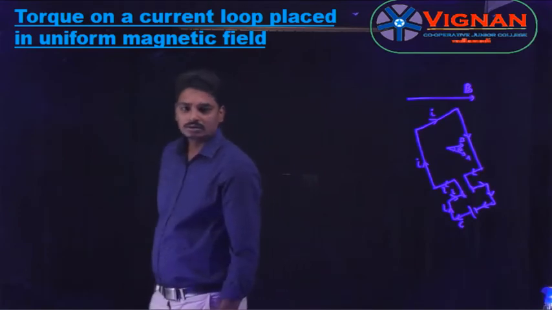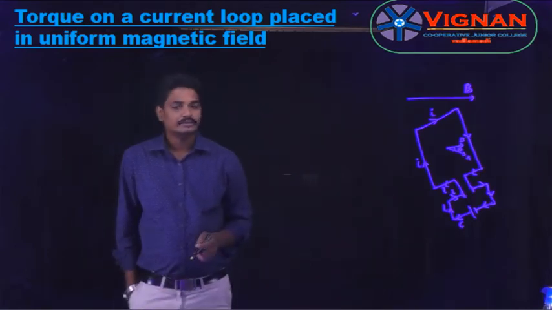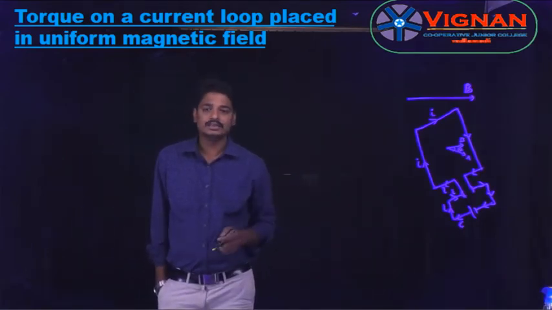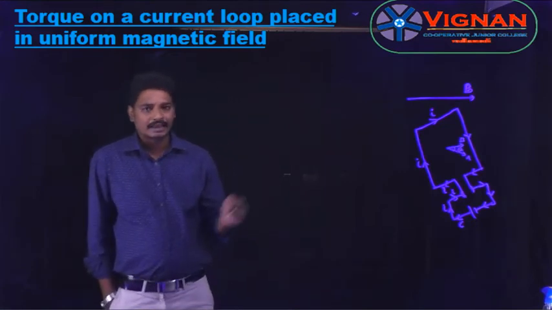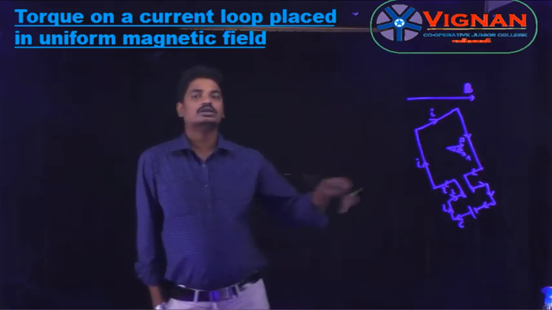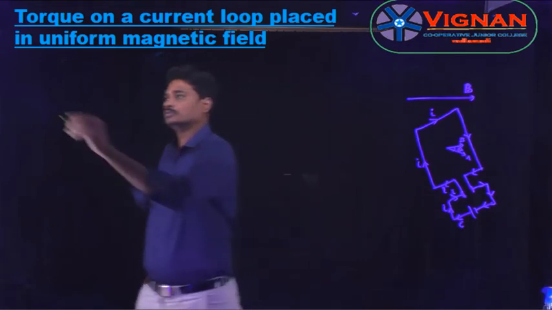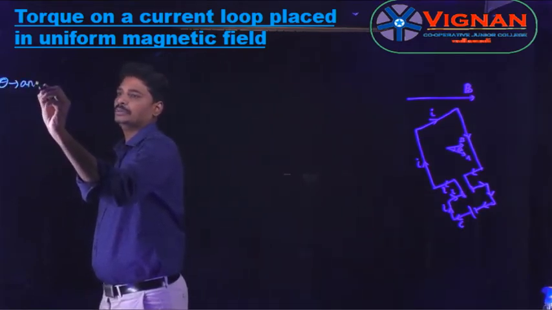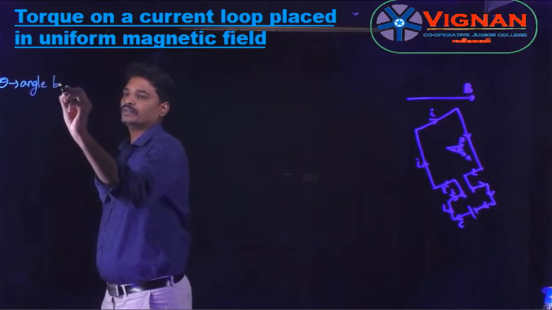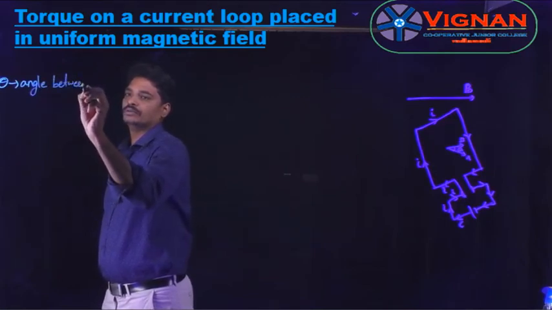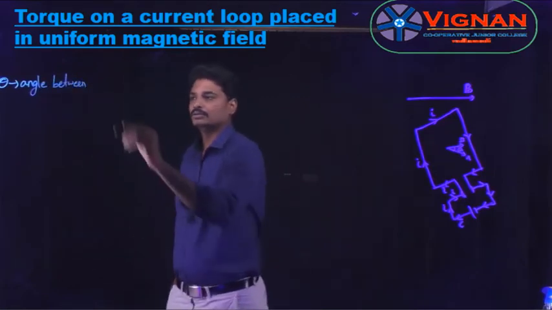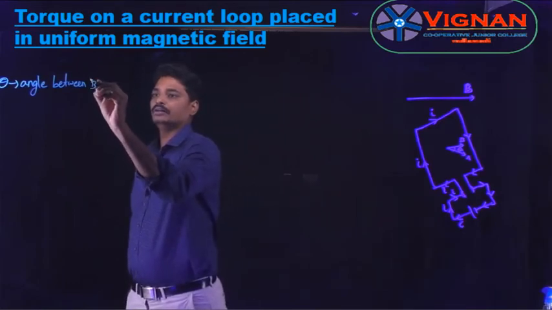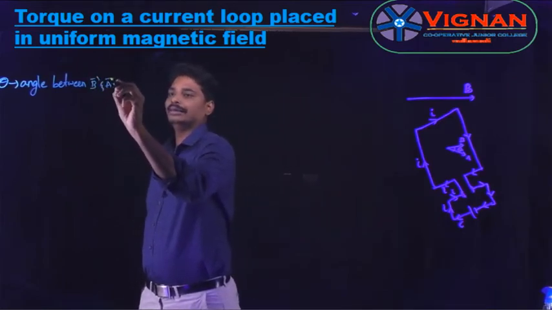So theta is the angle between the uniform magnetic field and the normal to the rectangular loop. Let us denote it: theta is the angle between B bar and A bar.